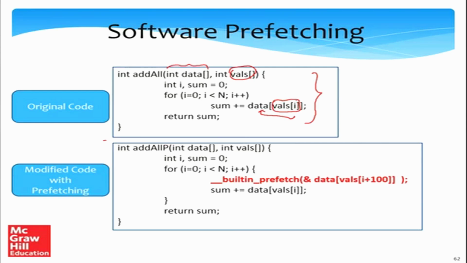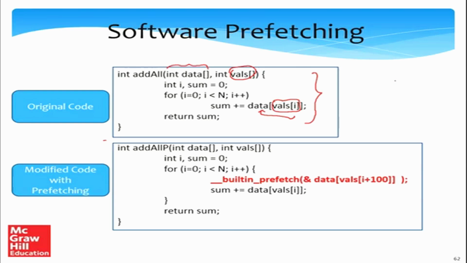So temporal locality is not there. Spatial locality is also not there because consecutive elements or elements with nearby addresses are not being accessed. Well, the vals array is being accessed sequentially, so there is spatial locality in accessing the vals array, but not in accessing the data array.